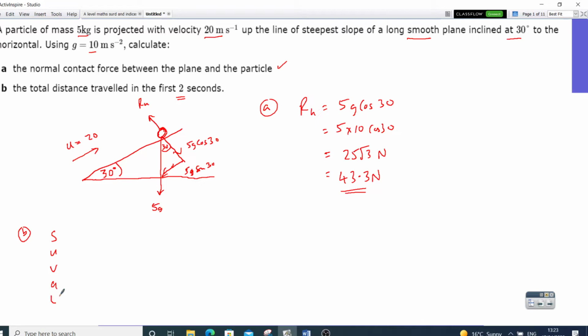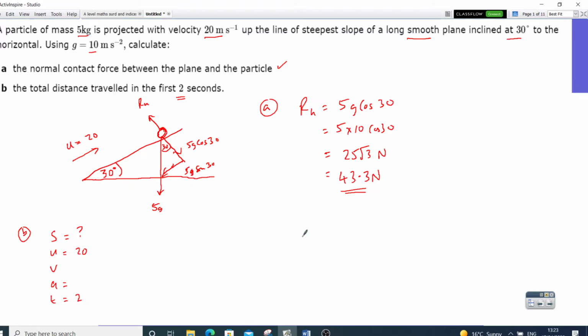We need to know the distance travelled, so we want to know what the displacement is. We know the initial speed is 20. We know that the acceleration, yeah, we can find out the acceleration. Just give me 1 second on that one. And the time we need to know is 2 seconds.